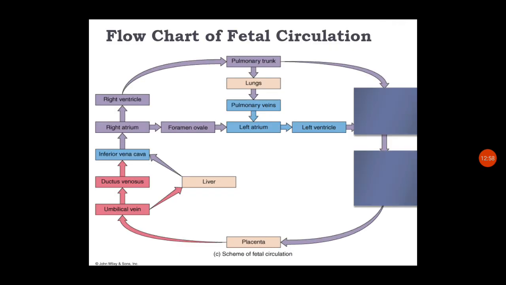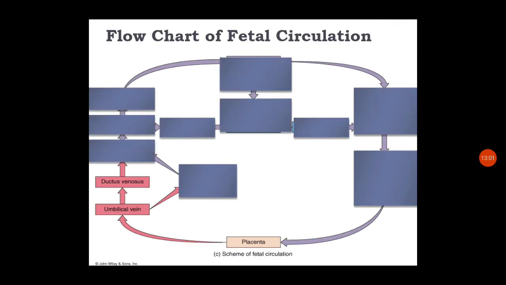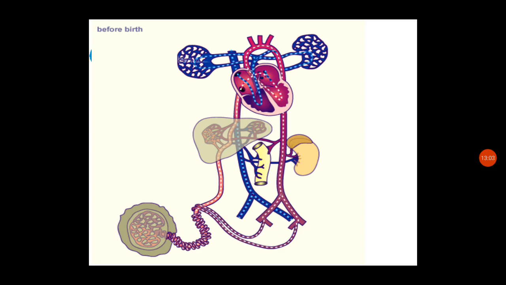So in the previous picture also you can see the same. The red color is only up to the inferior vena cava position. When it is reaching the ductus venosus, in reaching the inferior vena cava, the blood gets mixed. Now the red color is changed into maroon or some mixed color.